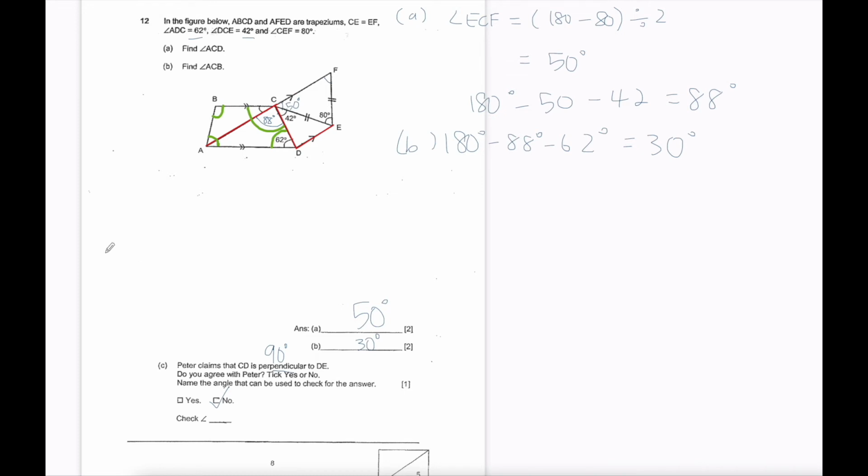We can use angle ACD to check, because angle ACD is actually alternate. There's a Z here. Can you guys see? Because these two are trapeziums, so these two lines are parallel. So this is actually also 88, and it's because we can form this Z in between parallel lines. Okay, so that's it. Let's move on to question 13.